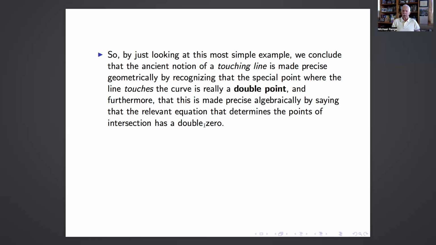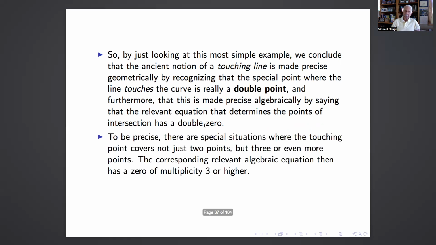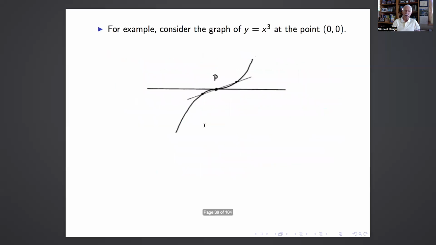And furthermore, that this is made precise algebraically by saying that the relevant equation that determines the points of intersection has a double zero. To be precise, there are special situations where the touching point covers not just 2 points, but 3 or even more points. The corresponding relevant algebraic equation then has a zero of multiplicity 3 or higher.